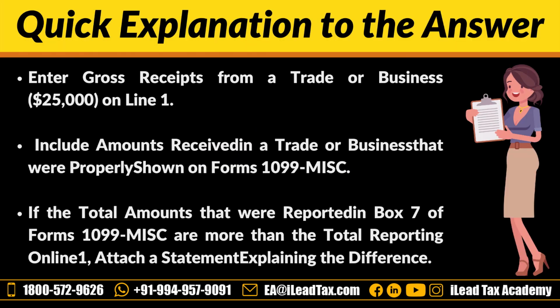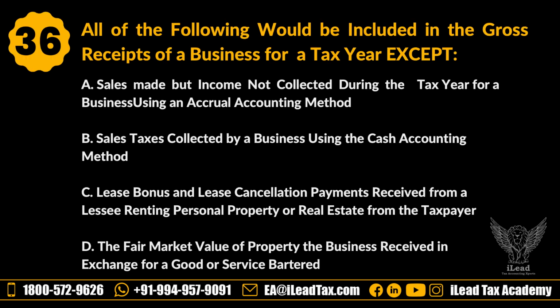Let's go to the next question. All of the following would be included in the gross receipts of a business for a tax year except: A. Sales made but income not collected during the tax year for a business using an accrual method. Option B. Sales tax collected by a business using the cash accounting method.